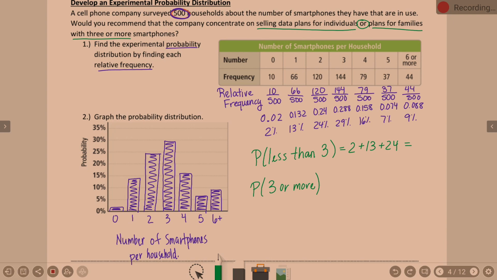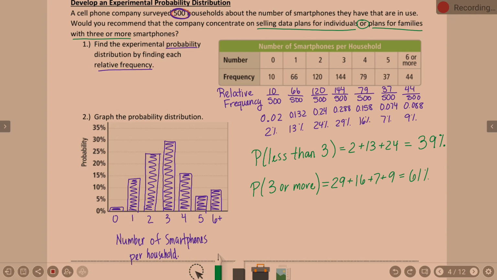Well, 2 plus 13 plus 24 is what? Approximately 39%. As compared to families with 3 or more. So 3 or more, what are we looking at here? 29, 16, right there. I think I already know my answer. But still plus 7 and plus 9. 61.